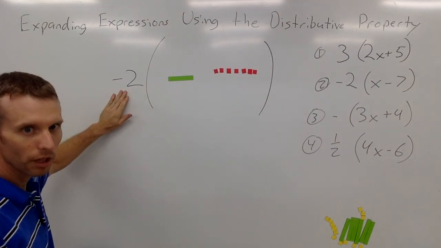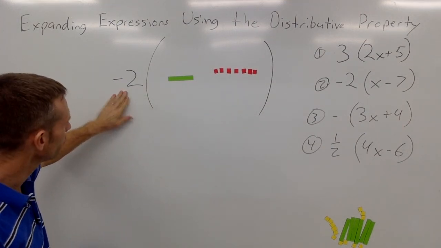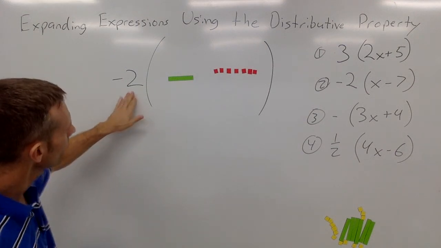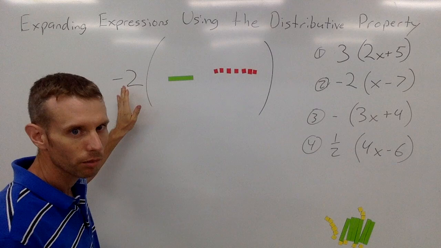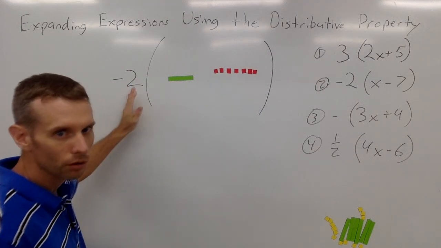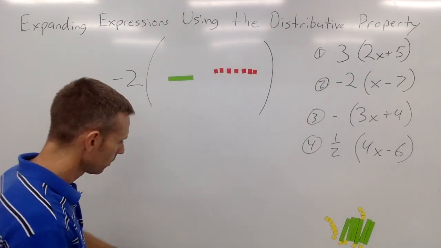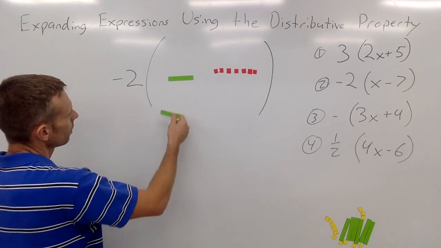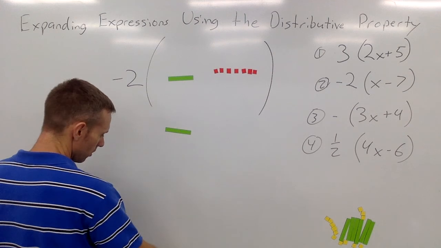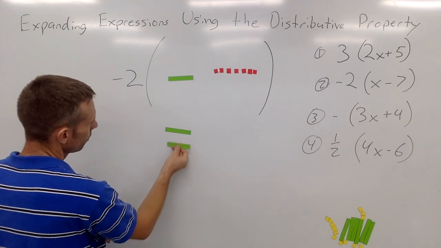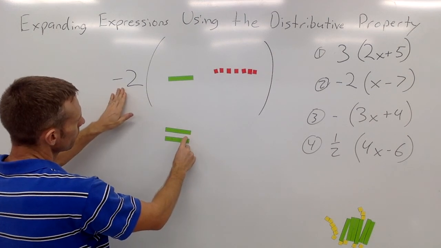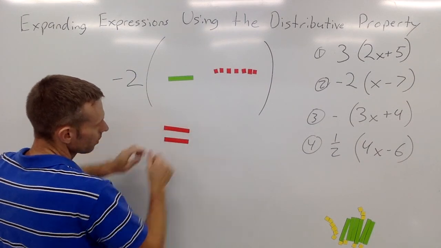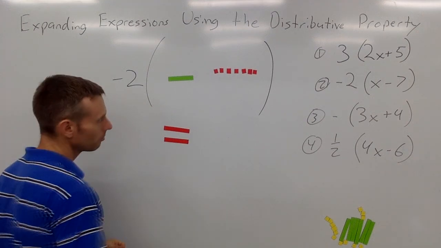Now this is being multiplied by negative 2. So we know that when we multiply something by a negative, so multiply negative 2 times 1x, if it was positive, this would be 2 times x. Since it's negative 2 times x, this gives us a negative 2x.